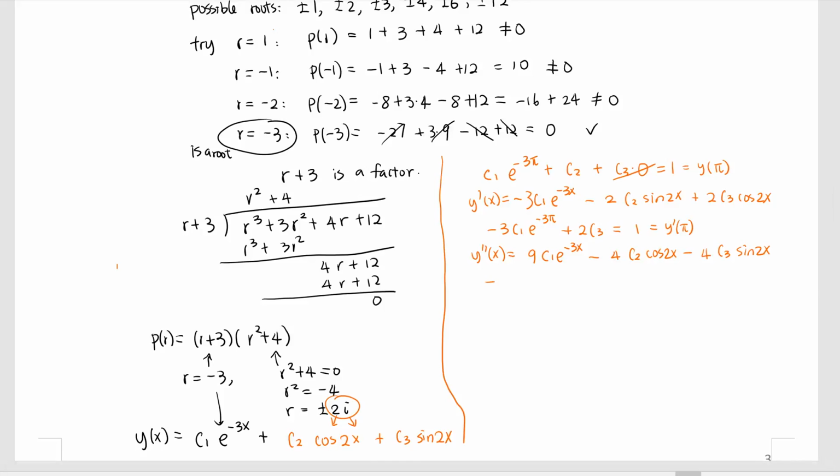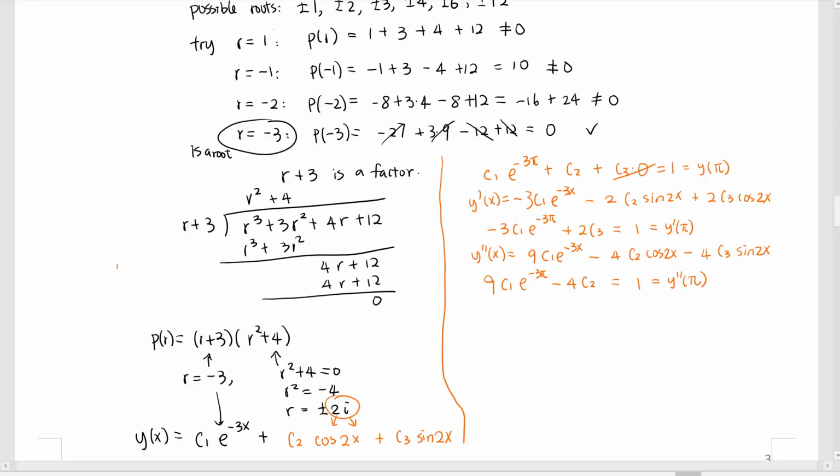Okay, we plug in pi. We get 9 c1 e to the negative 3 pi, and then cosine of 2 pi is 1. And then that one is 0, so we get 1, which is y prime of pi. So far, so good, everybody?